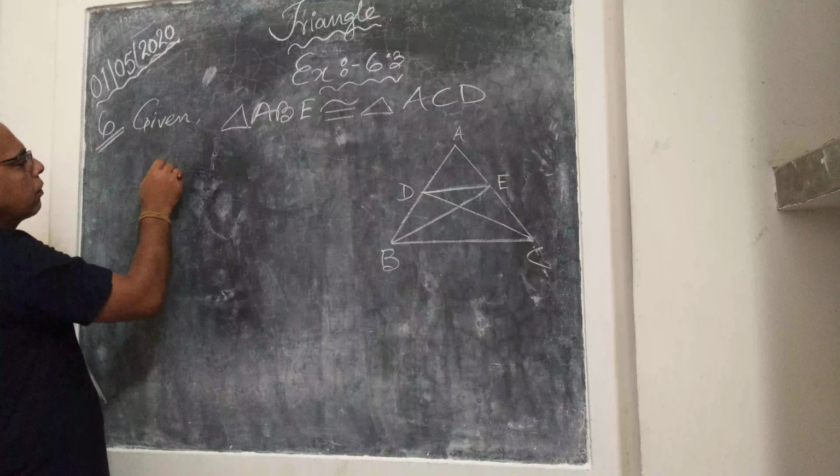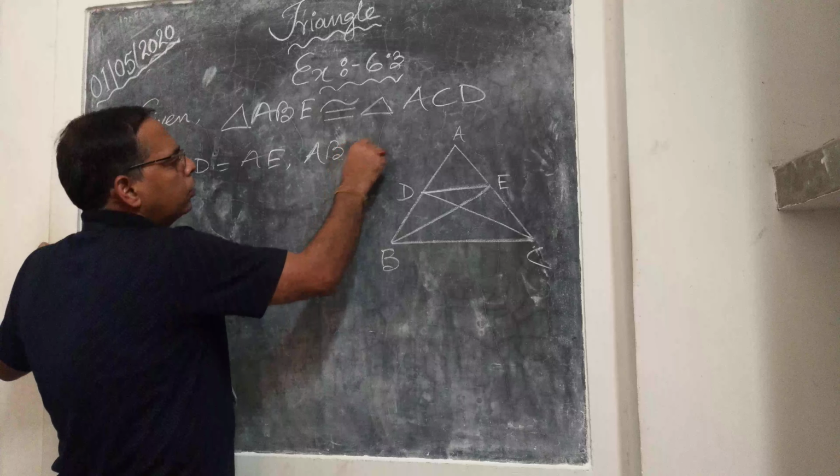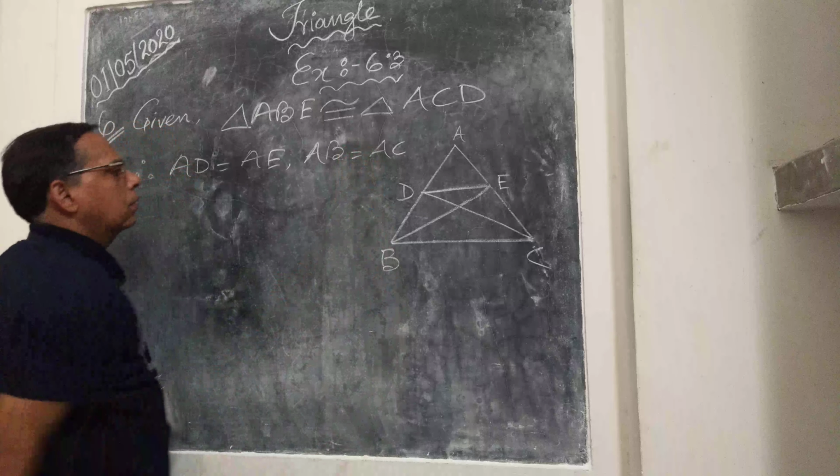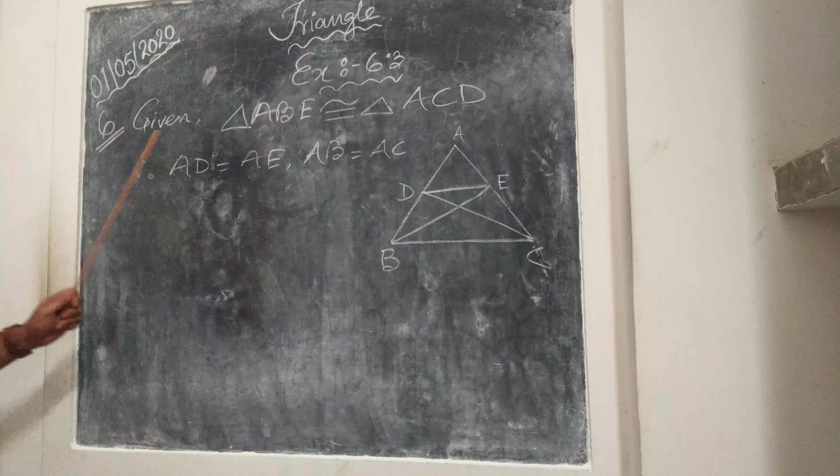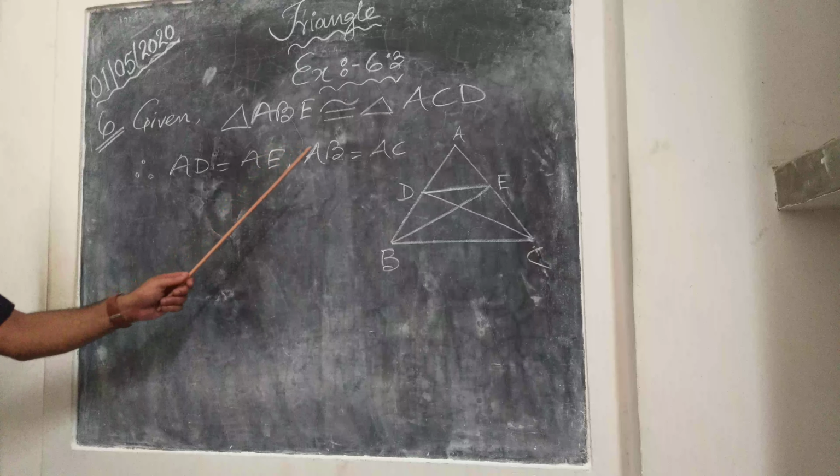Therefore AD equals AE, AB equals AC. Now if AD equals AE and AB equals AC, then what will you get?